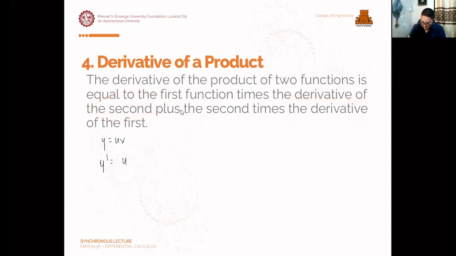So, derivative ng second function plus yung second function times mo daw ng derivative ng first. Okay? So, ibig sabihin, du. Okay? So, kapag nagde-derivative ka ng product, ang gagawin mo ngayon is kukunin mo yung derivative ng each variable. Okay? So, para mas mapadali yan, let me get an example. Okay.